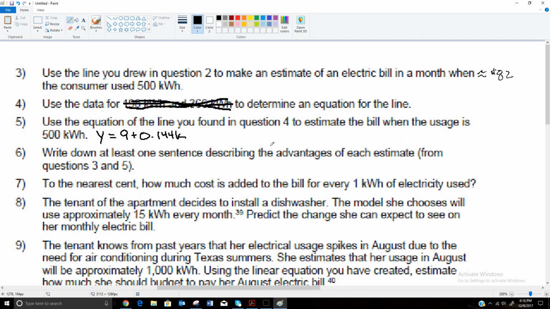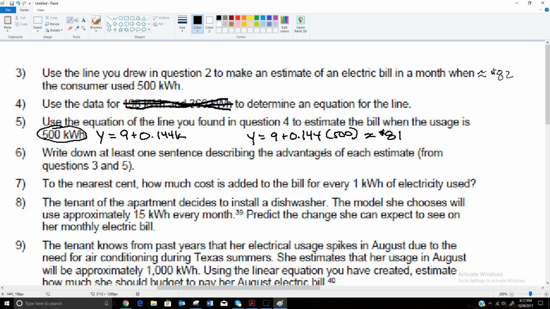So if we do 500 kilowatt hours, that would be y equals 9 plus 0.144 times 500. Hopefully we'll get something fairly close. 9 plus 0.144 times 500 is $81. So we actually did quite well. It comes out to be exactly $81.